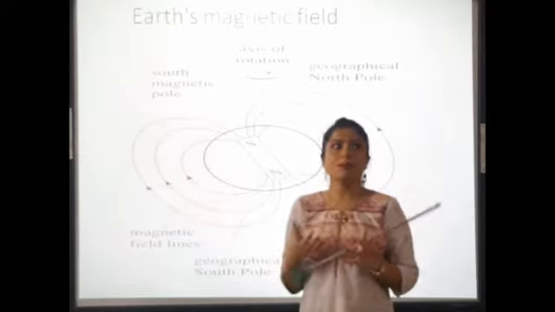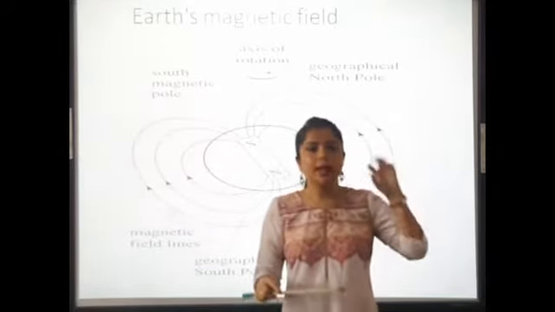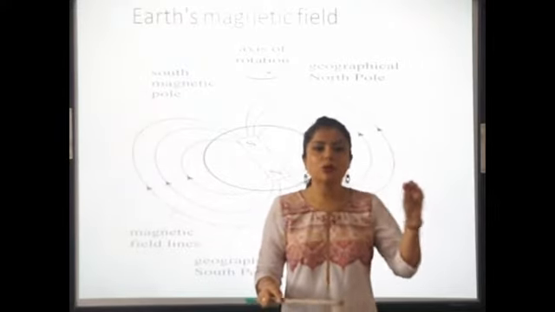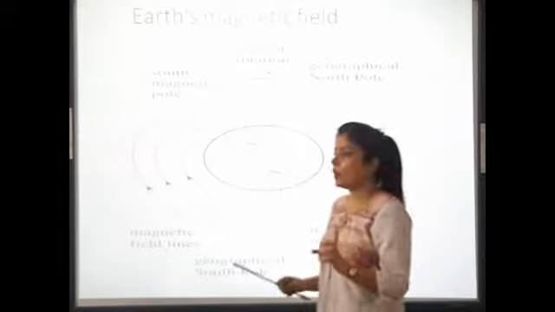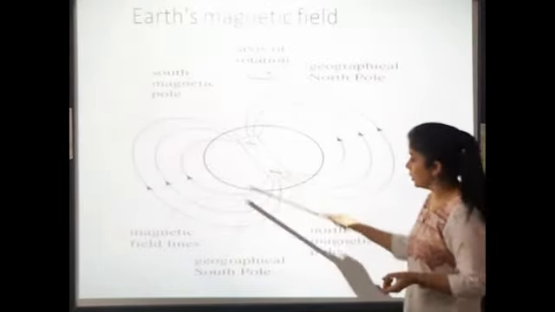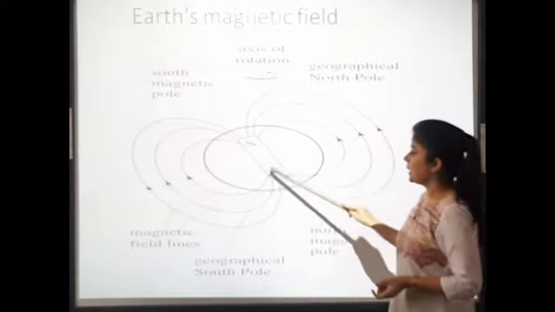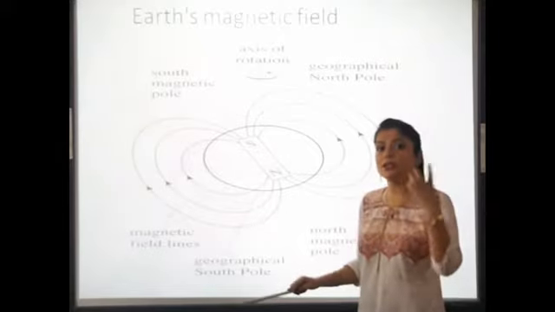So, what I mean is, wherever the geographic North pole is, that is the geomagnetic South pole of the Earth's magnet. And wherever there is the South pole of the geographical Earth, there lies the North pole of the Earth's magnet. Okay, Earth is a magnet.